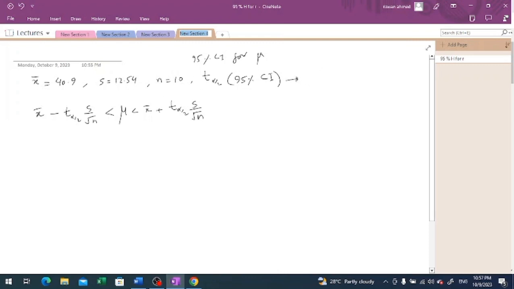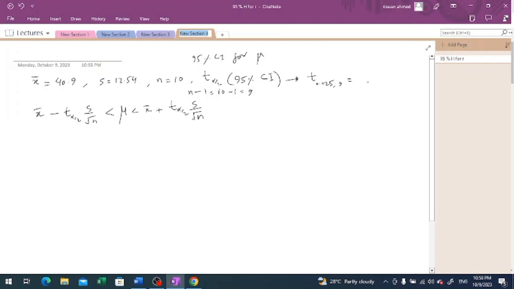So how do we denote this entire thing? T.025, that is representing the 95% CI related subscript, and the number of degrees of freedom are n minus 1. 10 minus 1 gives us 9.